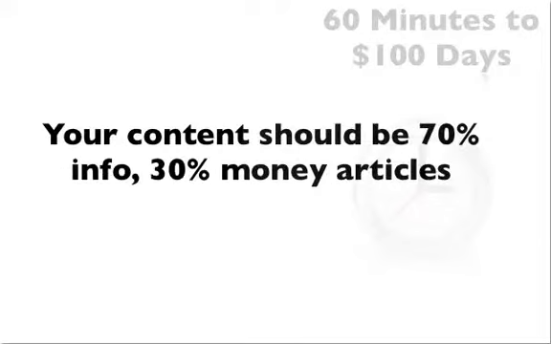Now, when you put together your site, your content should be 70% info and 30% money articles. That doesn't mean you couldn't have affiliate links in every single article on your site, but I don't recommend that. I think you should keep a lot of your content without any affiliate links whatsoever.